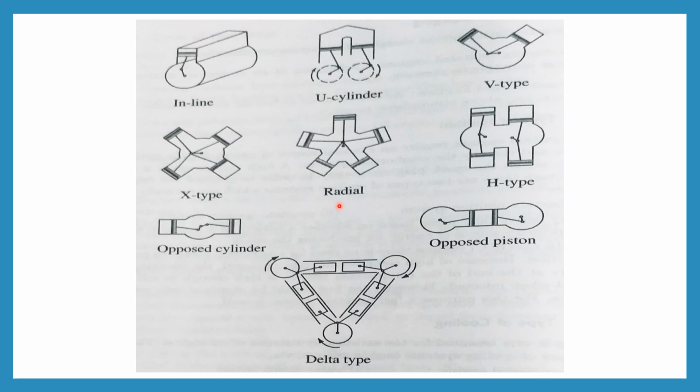An odd number of cylinders is employed from the point of view of balancing. Pistons of all the cylinders are coupled to the same crankshaft.